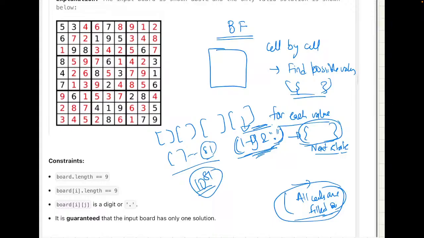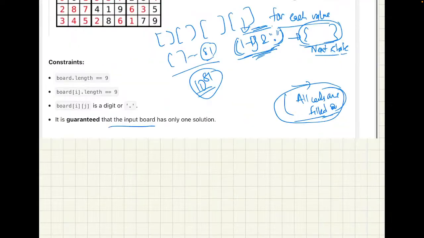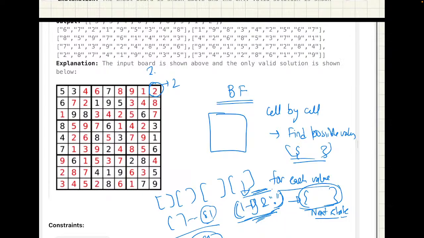So what could be an alternate approach? How can we decide that this cell will have 2, nothing else? Because they say that it is guaranteed that the input has only one solution. So we had three options here. What logic can we use to select 2 over here? So yeah, we cannot have a 10 to the power 81 DP. What extra can we have here is that we can focus on this part of it.